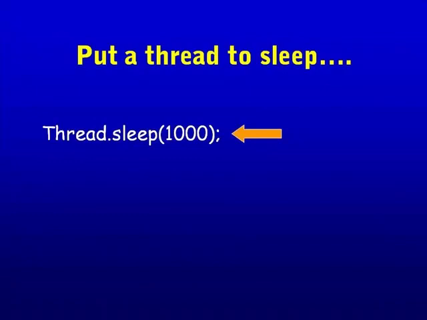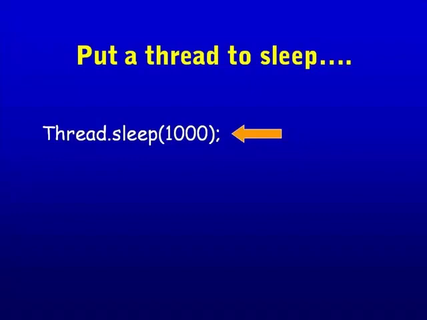Now, if you really want to shut a thread down for a while, you can force it to leave the runnable pool, and that's via Thread.sleep. Again, sleep is a static method of the Thread class, and when a thread executes this piece of code, it will put itself to sleep for at least 1,000 milliseconds. That parameter is a millisecond parameter.